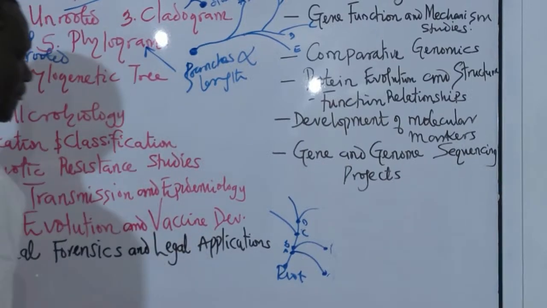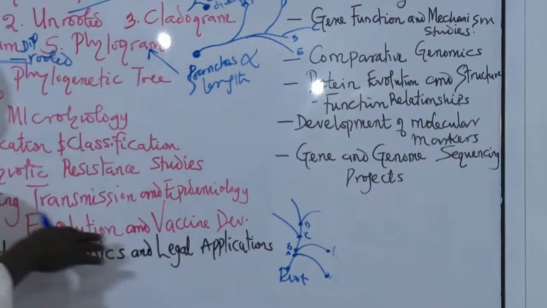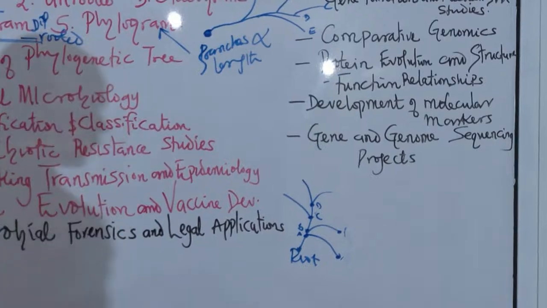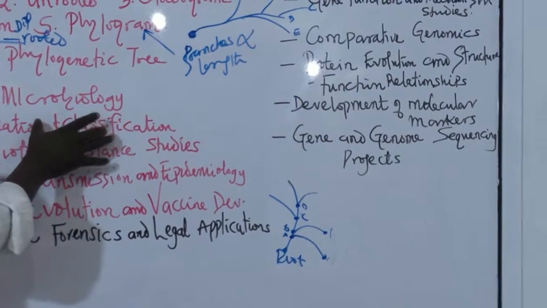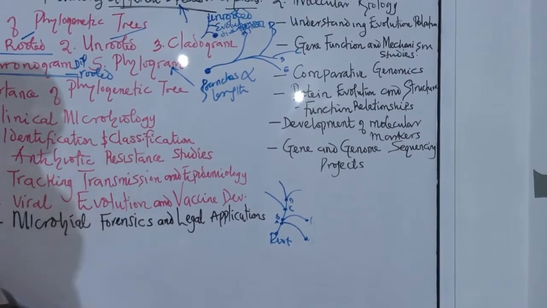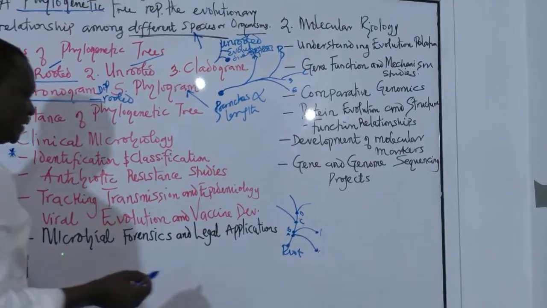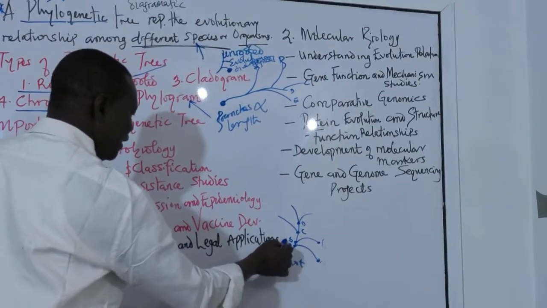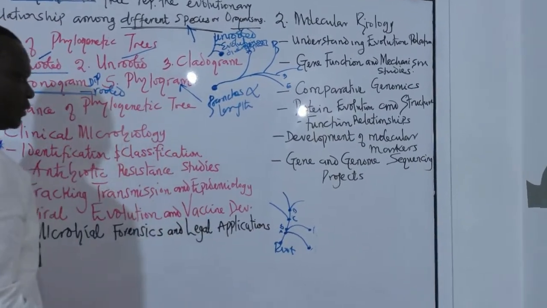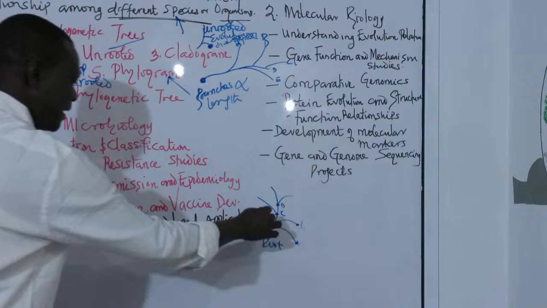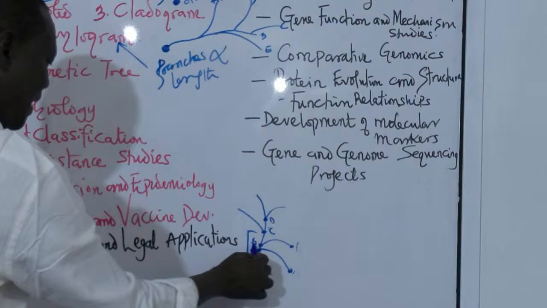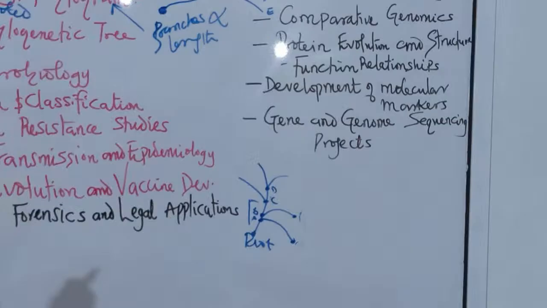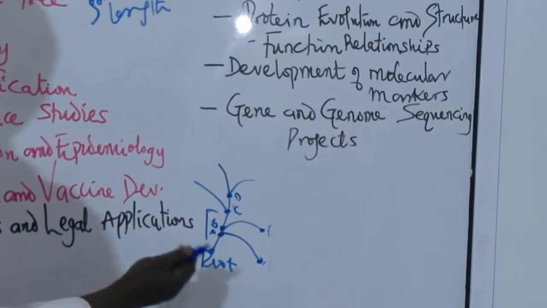So if you are to make use of this type of phylogenetic tree in identifying and classifying these microbes, you will discover that A and B are closely related, and any infection caused by A and B will be very closely related.